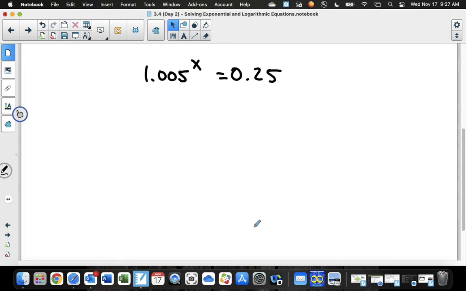Let's switch it into logarithmic form. Log base 1.005 of 0.25, which is the argument, 1/4, equal to the exponent, which in this case is x. And the nice part about this one, there's no extra solving to do at all. x is already by itself. All you've got to do is type it into the calculator and you've got your answer.